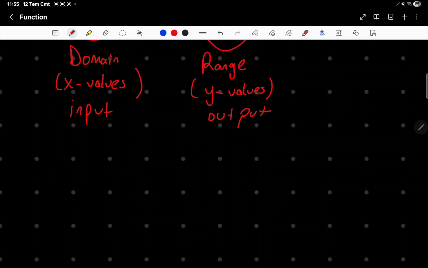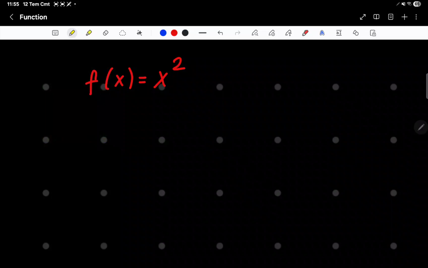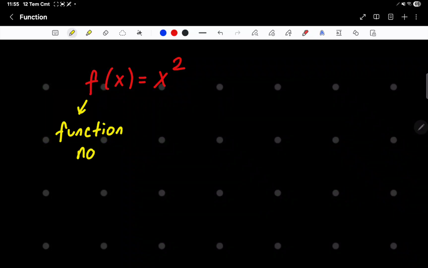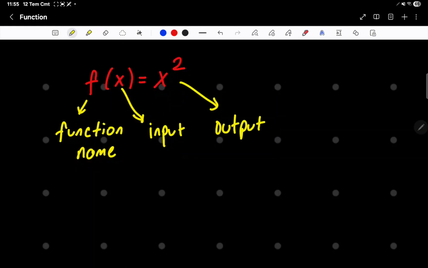Let's take this function. Function f of x equals x square. Function name f, x is the input, x square is the output.